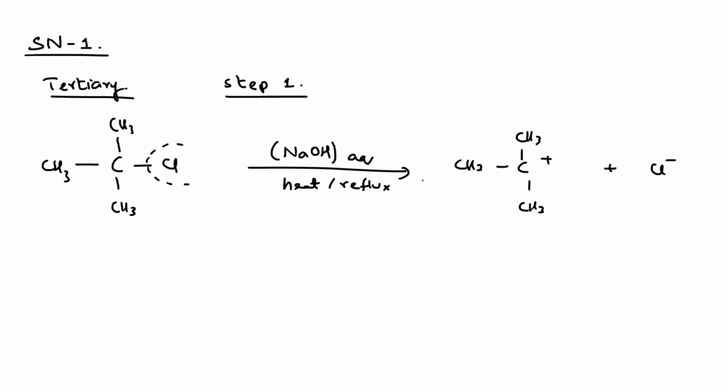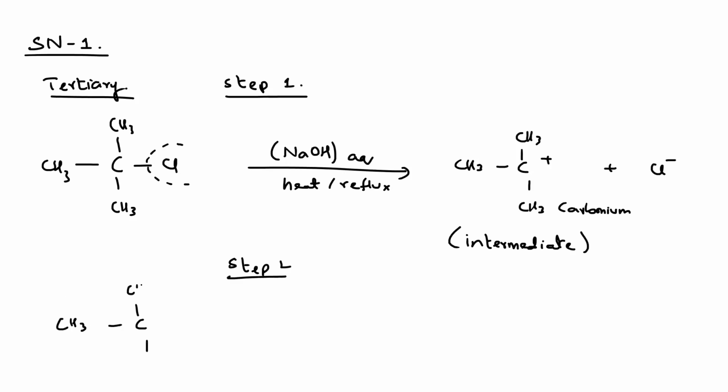That's the intermediate, and that's the carbonium ion. Then step 2 would be what? The attack of the nucleophile. If we are using NaOH, the nucleophile would obviously be OH, so it would attack on this.